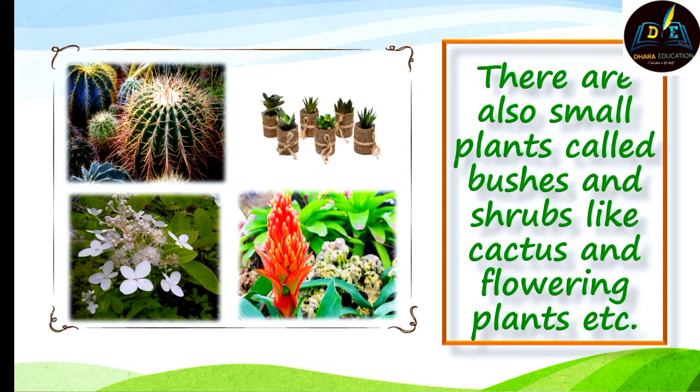So those are small plants, bushes, shrubs and even cactus, which have thorns, and we cannot hide there, because if we pluck anything from there, we will get hurt, isn't it, students? So these are small plants.